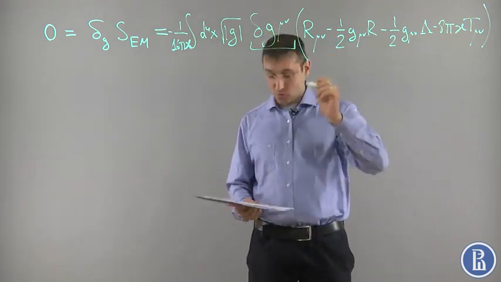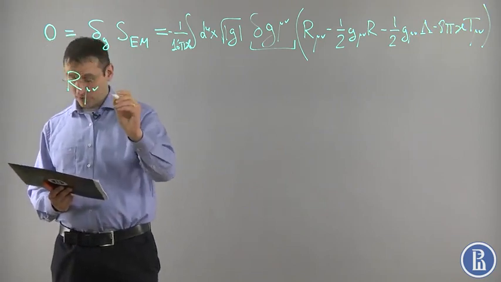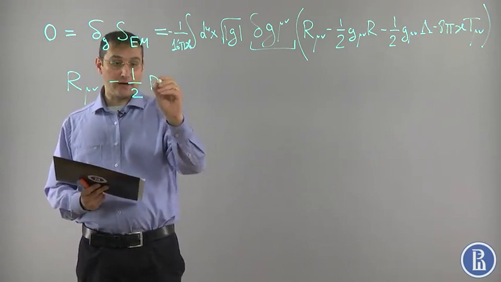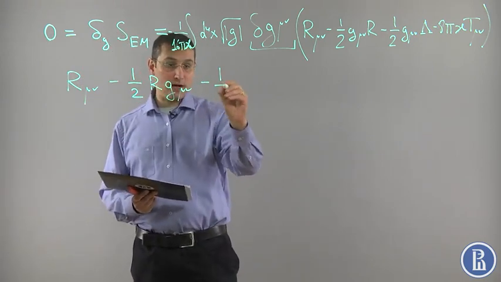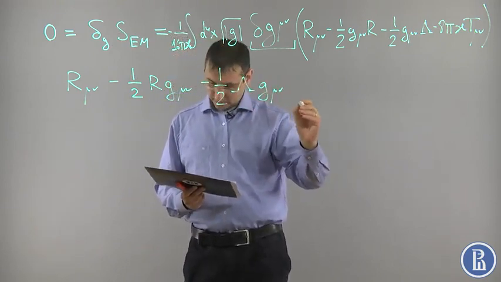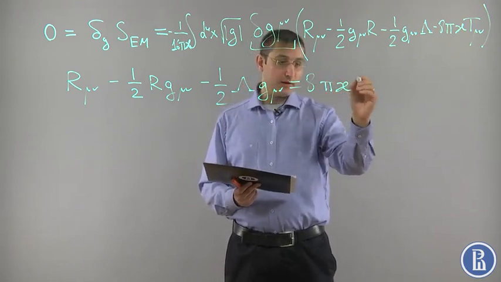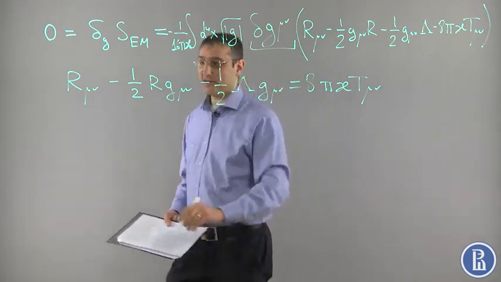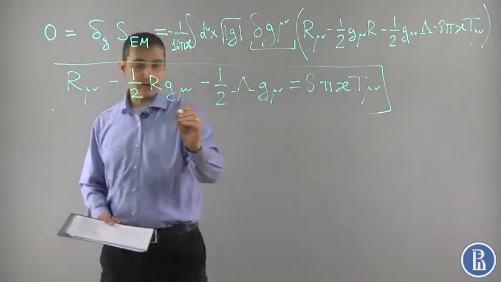For this to be true, we obtain the following equation. R mu nu minus 1/2 R g mu nu minus 1/2 lambda g mu nu equals 8 pi kappa T mu nu. This is Einstein equation.